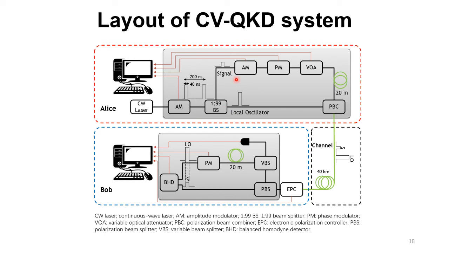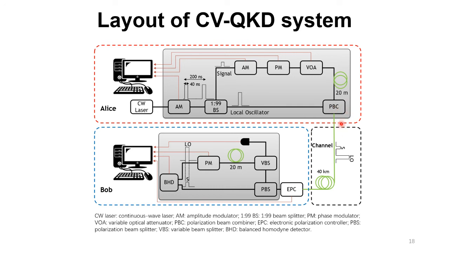To realize the zero-centered Gaussian distribution, signal pulses are encoded by an amplitude modulator with Rayleigh distribution and a phase modulator with uniform distribution. The signal pulses are delayed by an off-chip delay line and recombined with the local oscillator pulses by a polarization beam combiner.